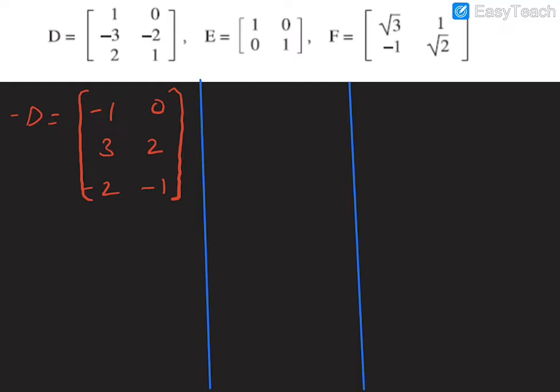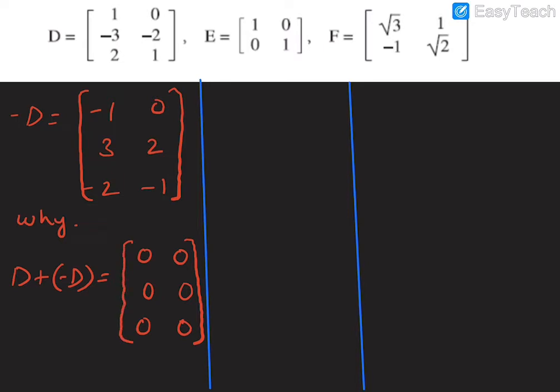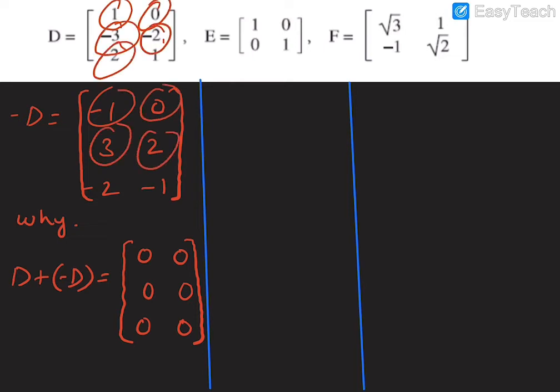Now why? Because D plus minus D will be 0 0 0 0 0 0. When you add all the corresponding entries, you will get 0 0 0 of the same order. Look here, 1 minus 1 0, 0 plus 0, minus 3 plus 3 0, minus 2 plus 2 0, 2 and minus 2 0, 1 and minus 1 0. That's why minus D is the additive inverse of D.